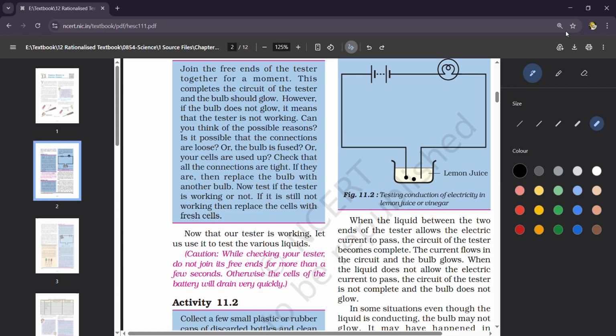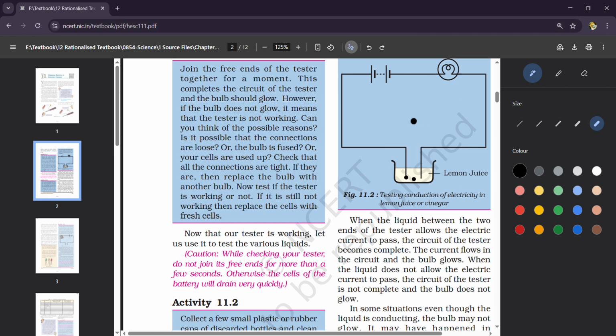A wire is full of atoms and free electrons, so that the electrons can move among the atoms. Like this is the atom, then electrons are moving around it. These are free electrons. These conduct electricity.